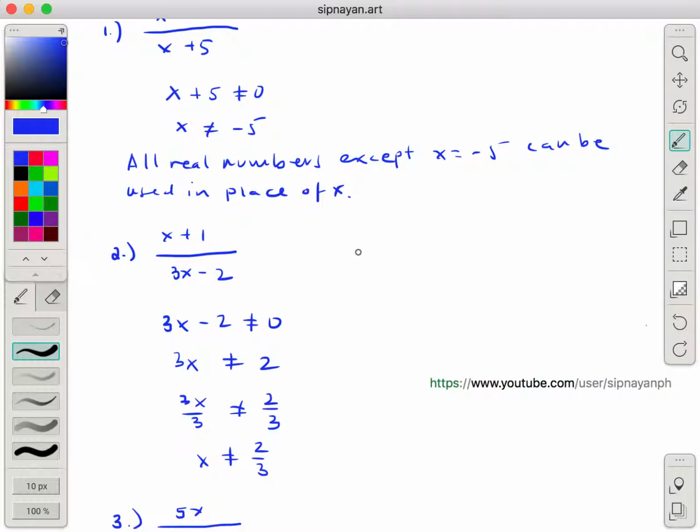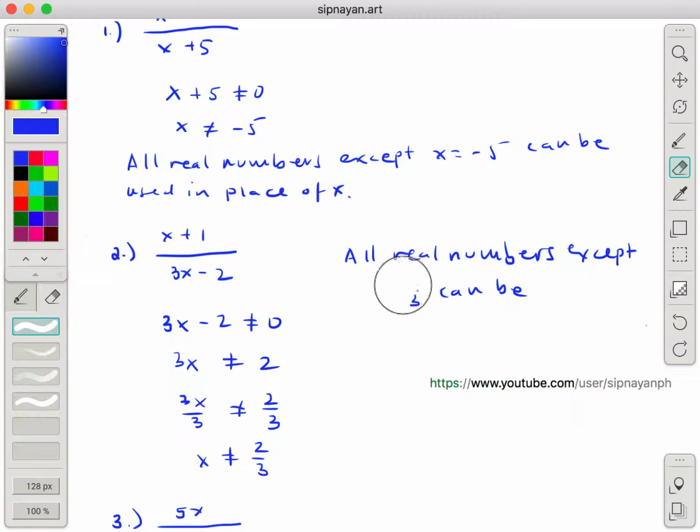So, meaning all real numbers except x equals 2/3 can be placed or can be used in place of x.